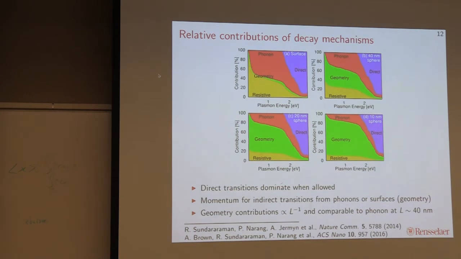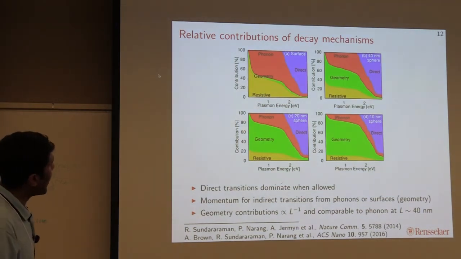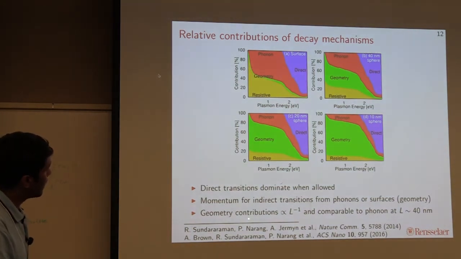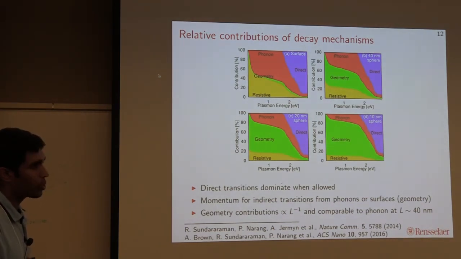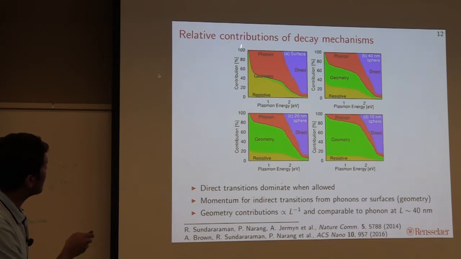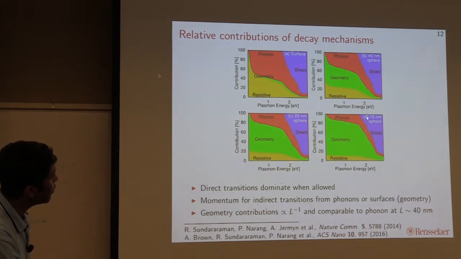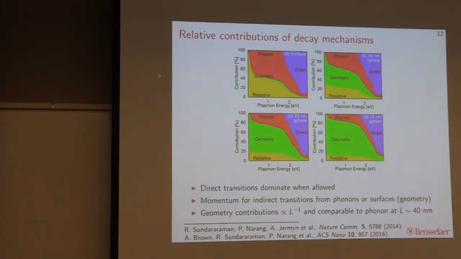Just to give you a feel of what we could do with this, we can now calculate, as a function of particle size, all these different mechanisms that I showed you, as a function of plasmon energy and relative contribution. I'm showing you this for a bulk surface and gold spheres of 40, 20 and 10 nanometer sizes. If you are at a plasmon energy above 2 eV, the characteristic energy above which the direct transitions are allowed, then those immediately dominate and account for about 90% of the transition rate.